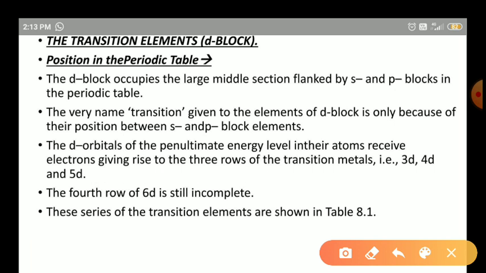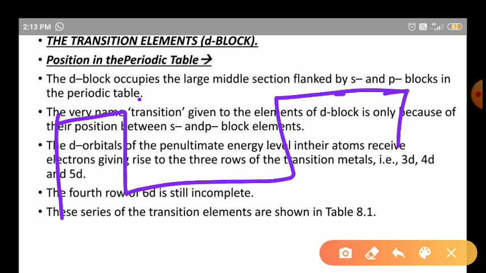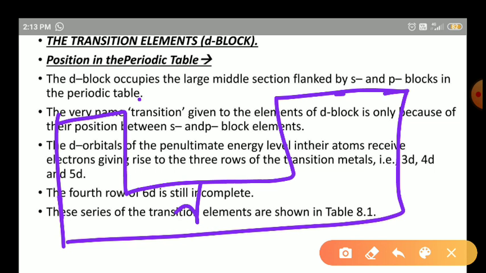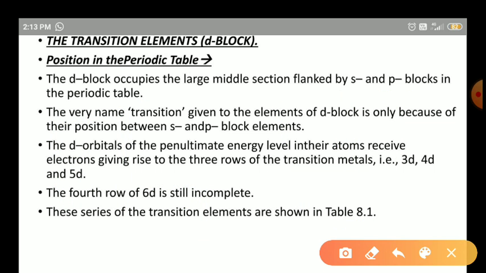Position in the periodic table: the d block elements occupy the position between the s and p blocks of the periodic table, as I already showed.